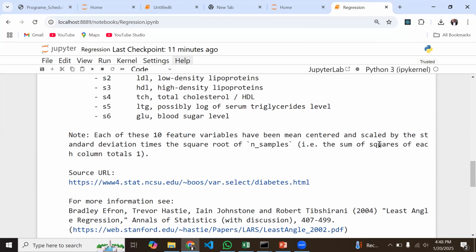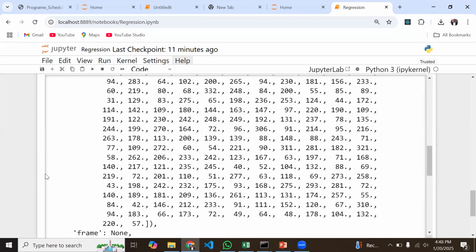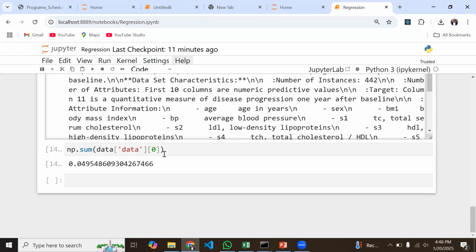The sum of squares of each column. So let's do the sum of squares.